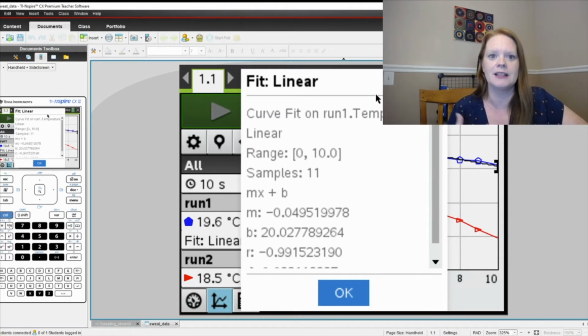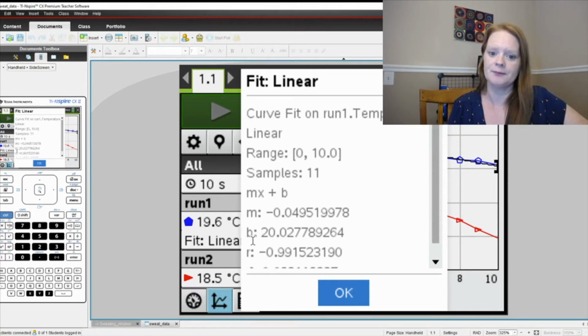Those are the types of things you might need to go over with your students depending on their math background. And then our b is our y-intercept. So that's the temperature at which we started. So for the water, we were about 20 degrees Celsius. And so this is the information that they would need to pull out and maybe put in a data table so that they can use that evidence to help support their understanding of what's going on in this process.